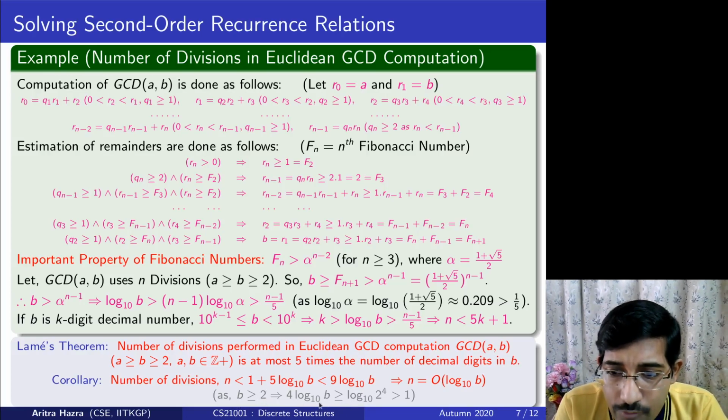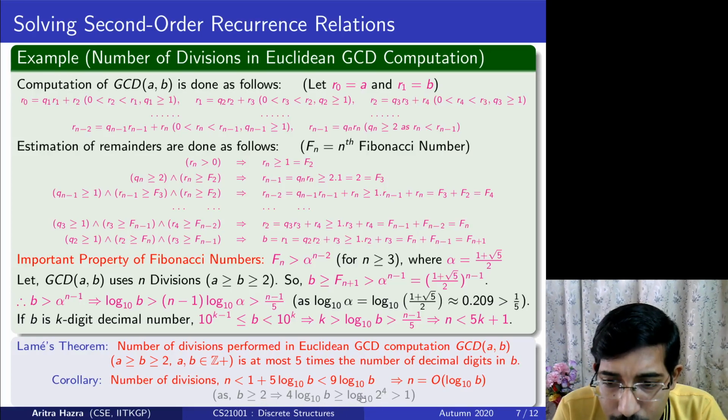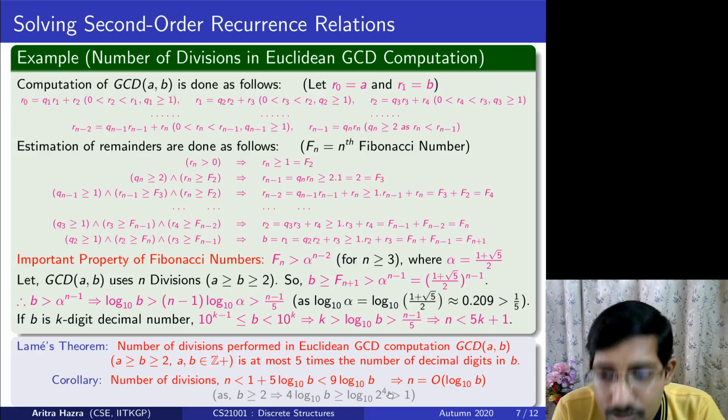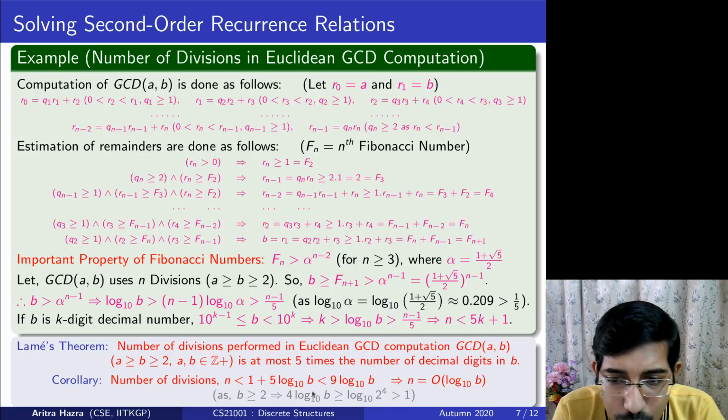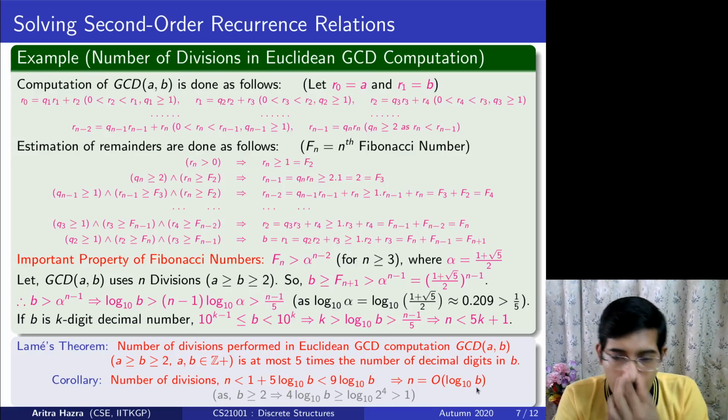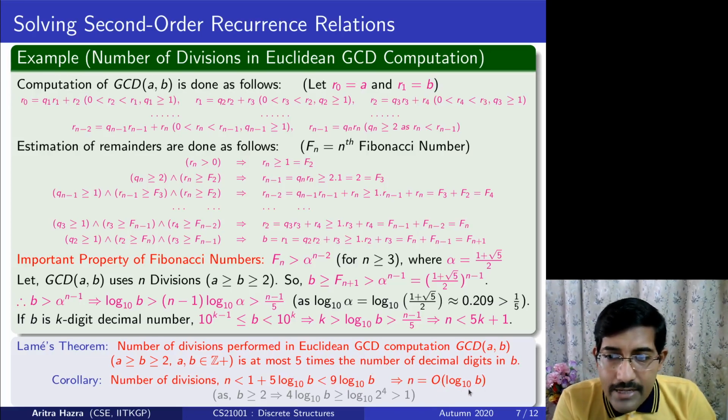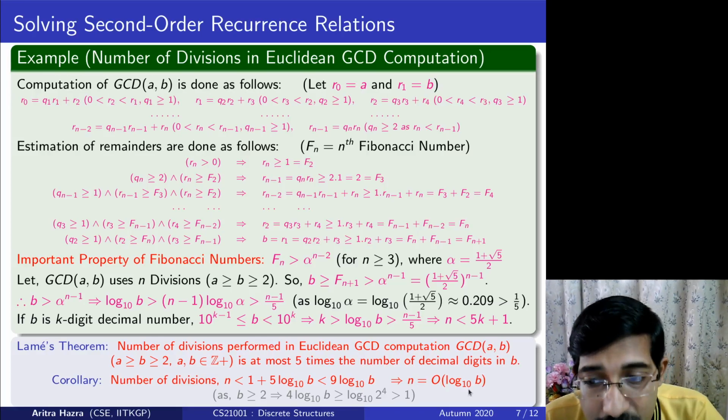So therefore 4 log base 10 of B is greater than or equal to 4 log base 10 of 2, which is log base 10 of 2 to the power 4, which is more than 1. So if I can replace it here with 4 log 10 B, this gets n less than or equal to 9 log 10 B. So I can say order of log base 10 of B. So n is of the order of the number of digits present in B.